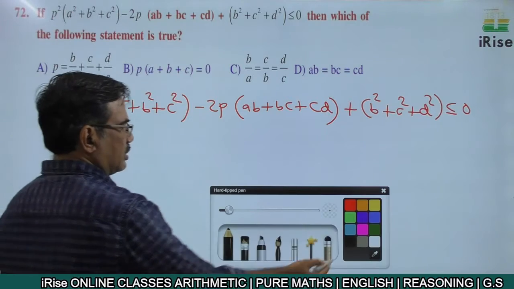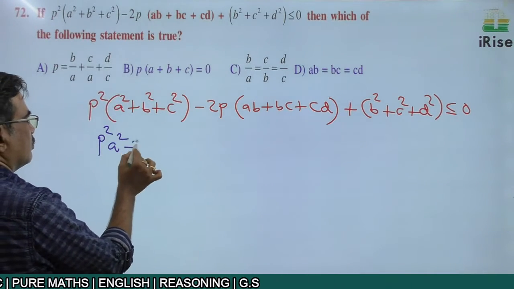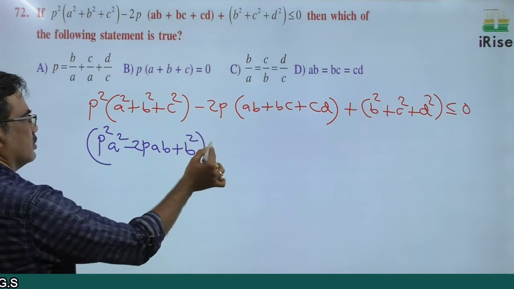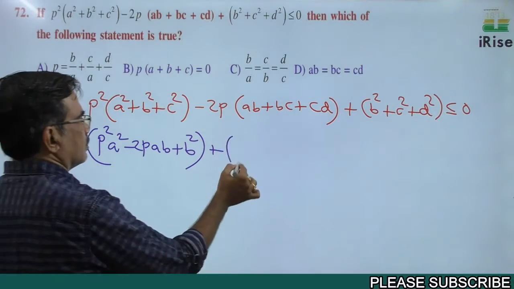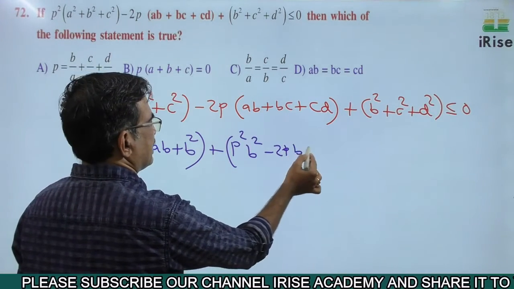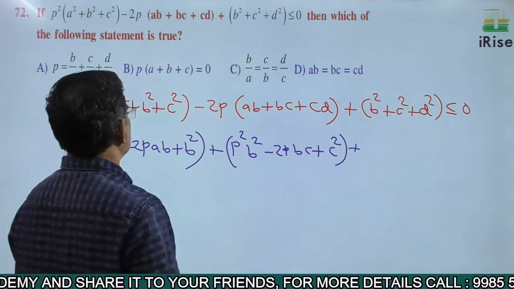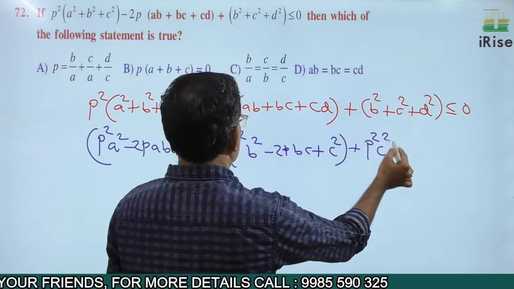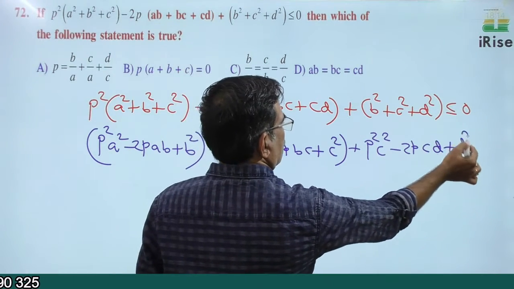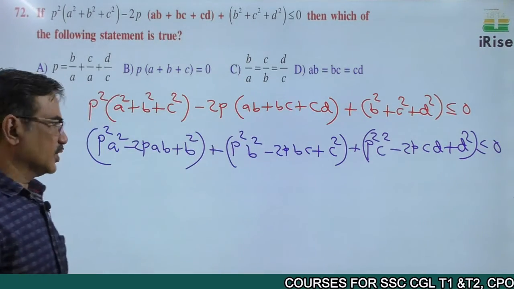I want to write this as (p square a square minus 2p ab plus b square) in one bracket, (p square b square minus 2p bc plus c square) in the second bracket, (p square c square minus 2p cd plus d square) in the third bracket, less than or equal to 0.